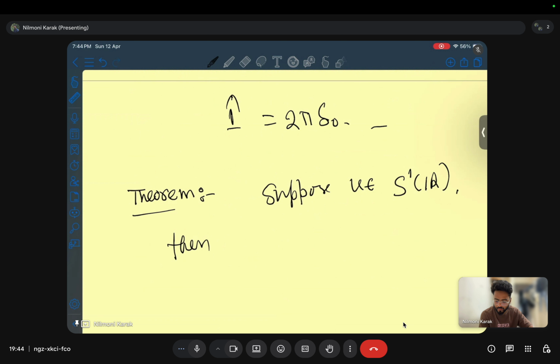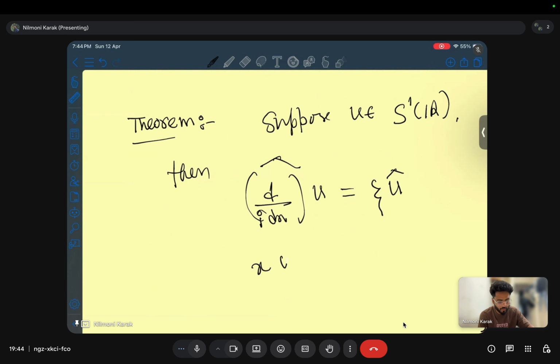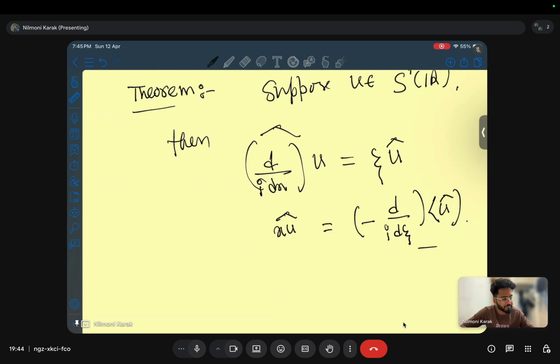Then u prime and x u... So the proof follows routinely using the definition of Fourier transform of a distribution.